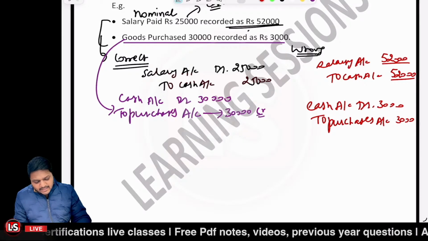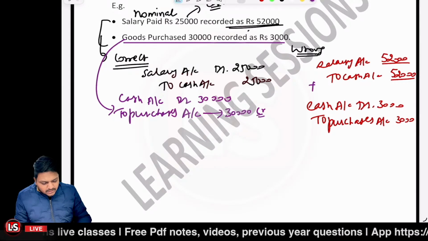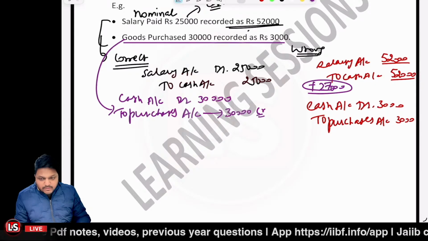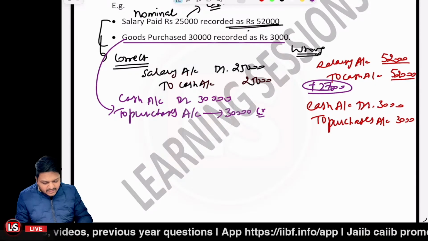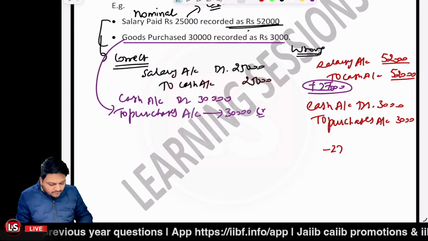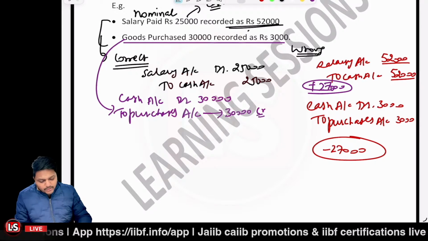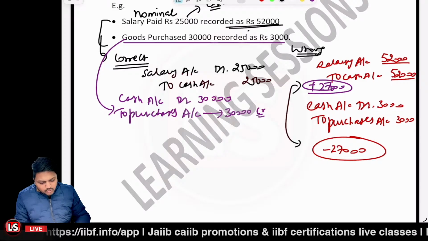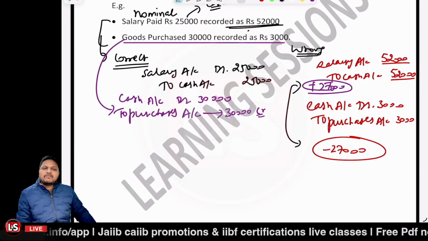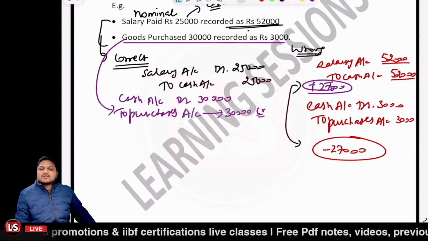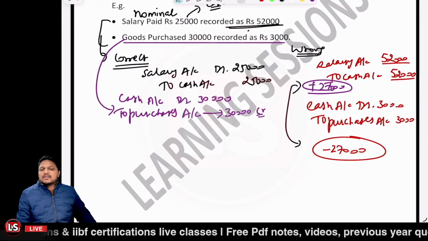So here we were having overstated balances of 27,000, and here we are having understated balance of 27,000. Now in total, these two errors are going to compensate each other, and we won't be able to recognize these errors under the trial balance.